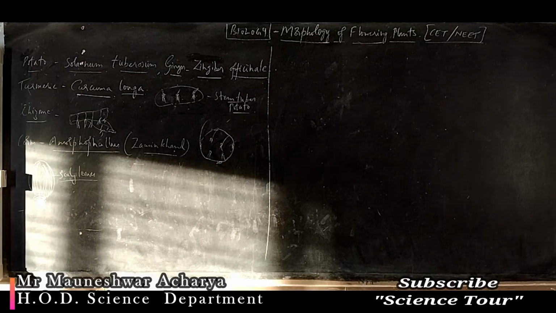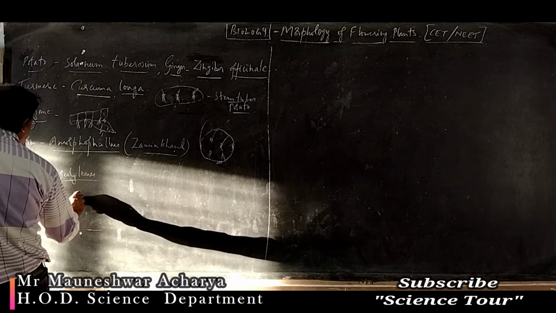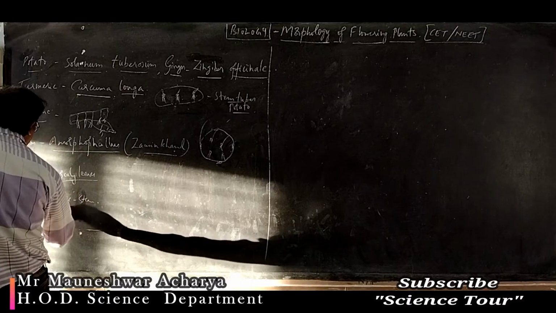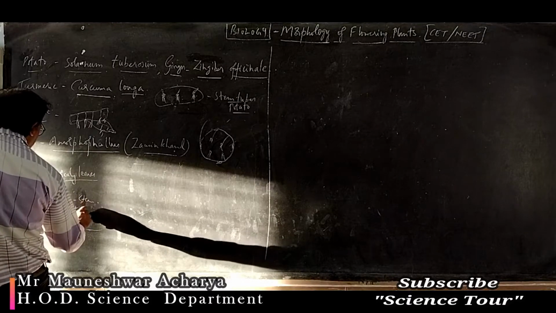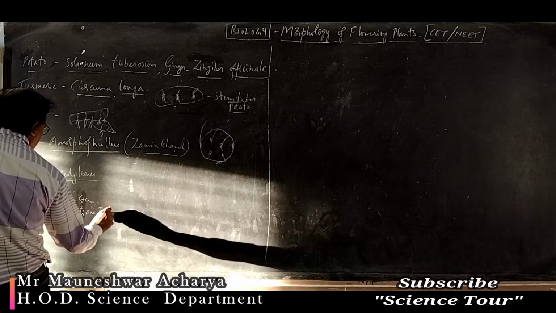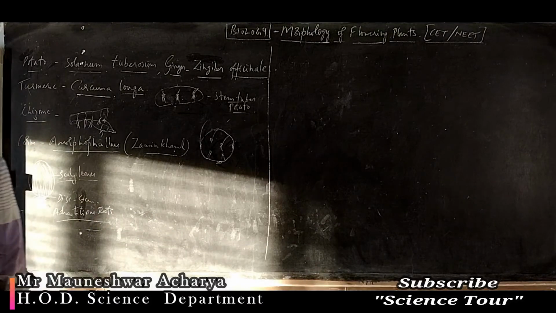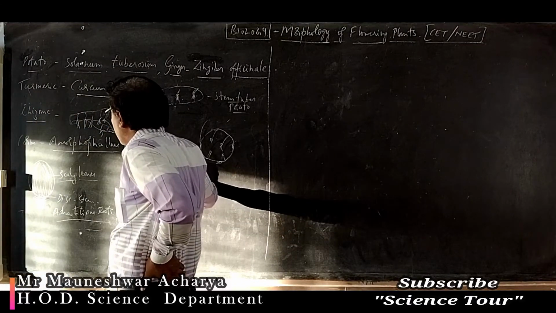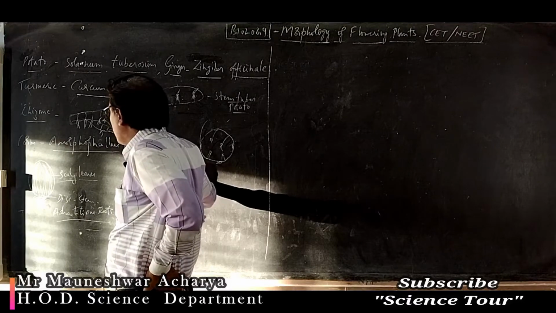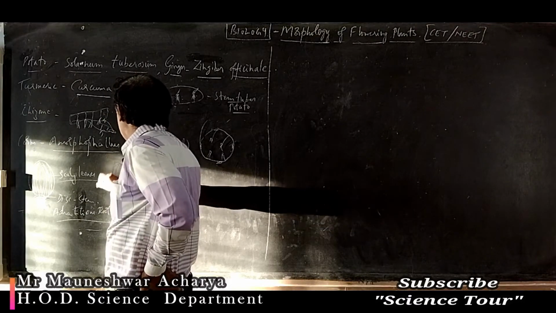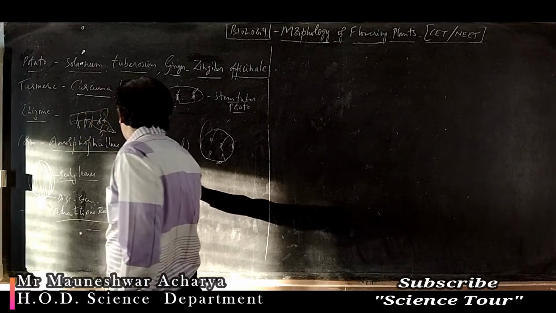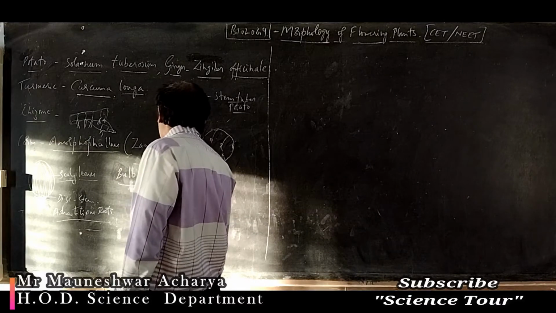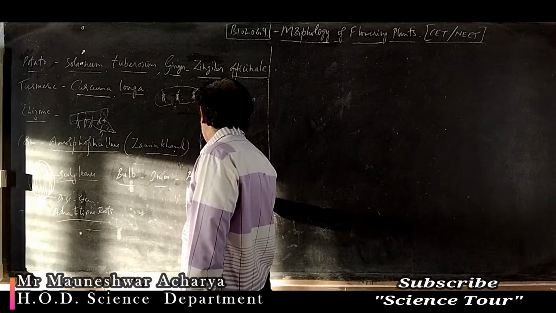So there is a flat disc that acts like a stem. Then there are adventitious roots. So this helps for storage of food. This modification is called bulb. So example is onion. The scientific name of onion is Allium cepa.